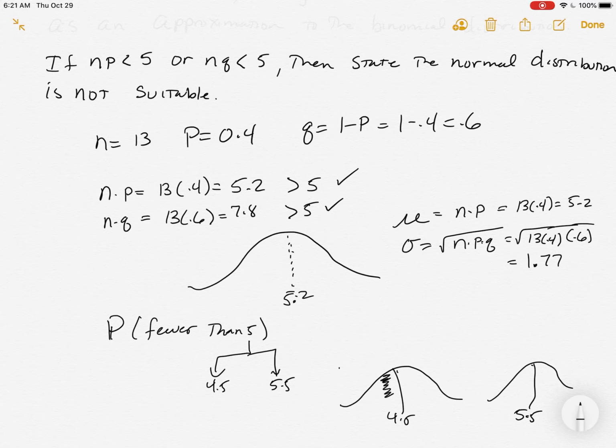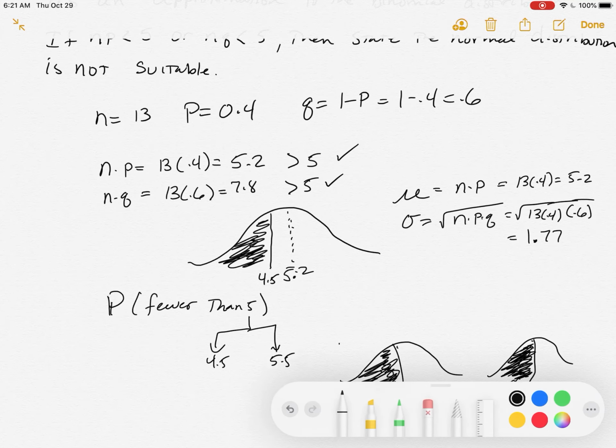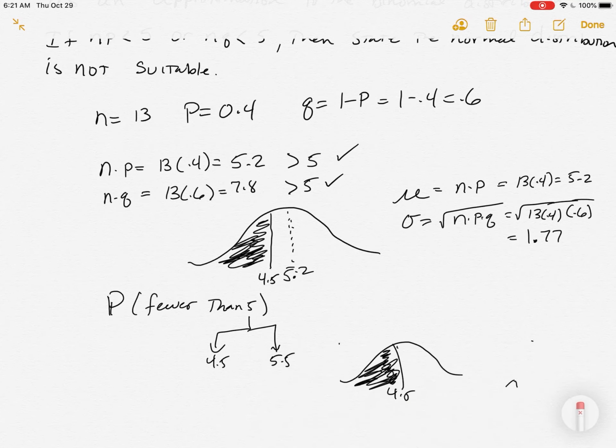So if I shade this, everything 4.5 or below is fewer than 5. Now why am I going to the left? Because it says fewer than. If I shade this one right here that has the 5.5, 5's included, and that's a problem because 5's not included in fewer than 5. So 4.5 is our guy. And we're grabbing something like this. So we have to make that decision for the continuity correction, and it's all dependent upon the question and the shading that goes on. So that's why we recommend drawing a picture.